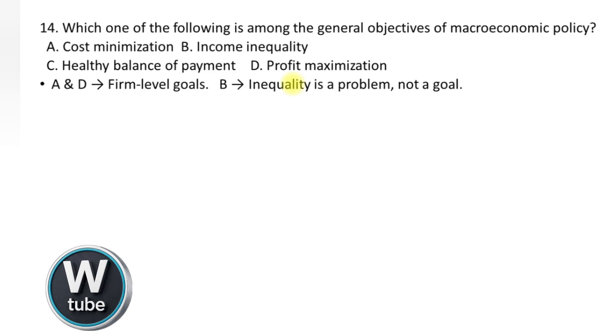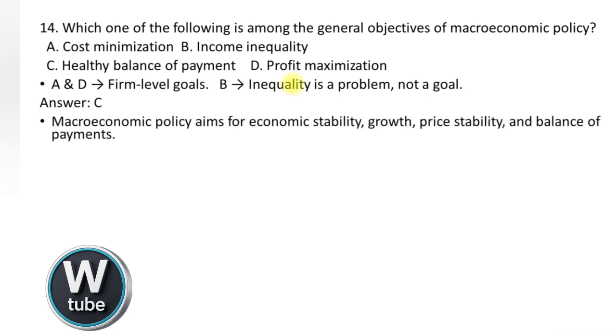Inequality is a problem, so B is not the answer, while C is the correct answer. Macroeconomic policy aims for economic stability, growth, price stability, and balance of payments. As I have said, C is the correct answer.